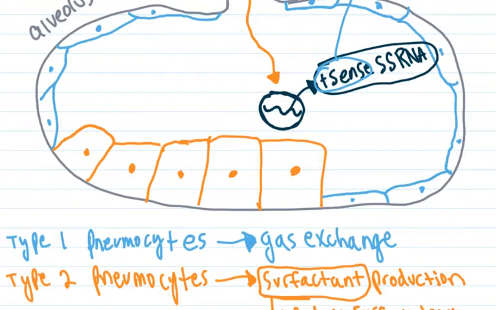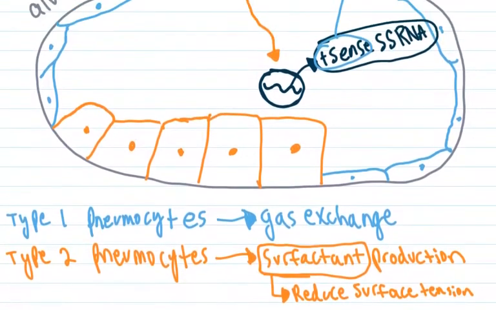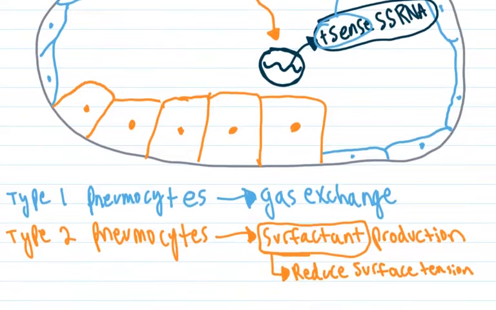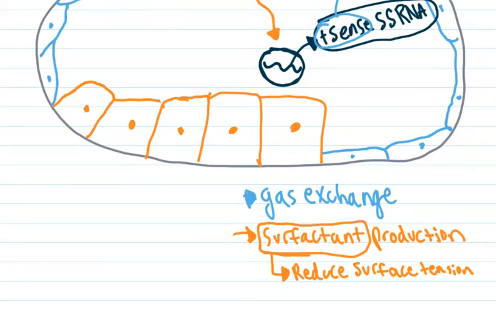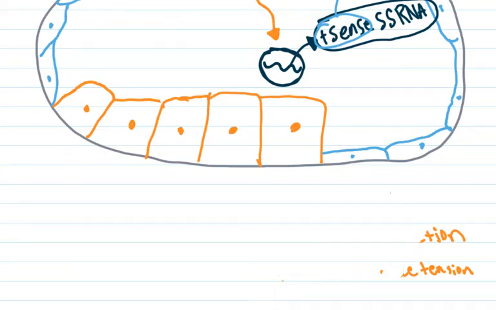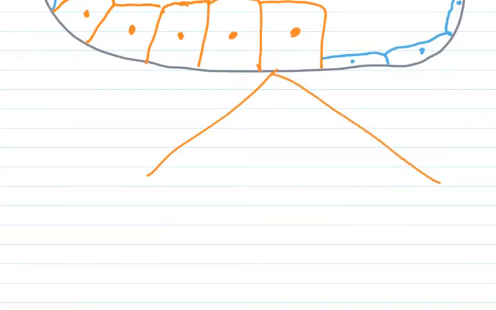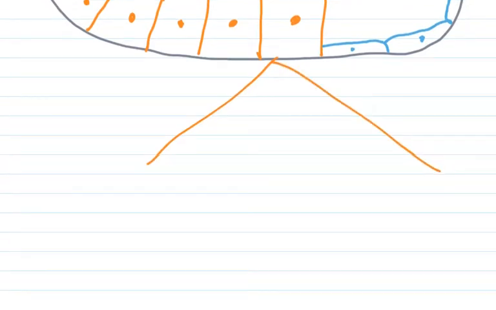So let's go ahead and zoom into this type 2 pneumocyte. Let me duplicate this page. So we know this now, so let's erase this, because we just went over it, and zoom in to our type 2 pneumocyte. It's going to be kind of big, so I'll have to split this video.